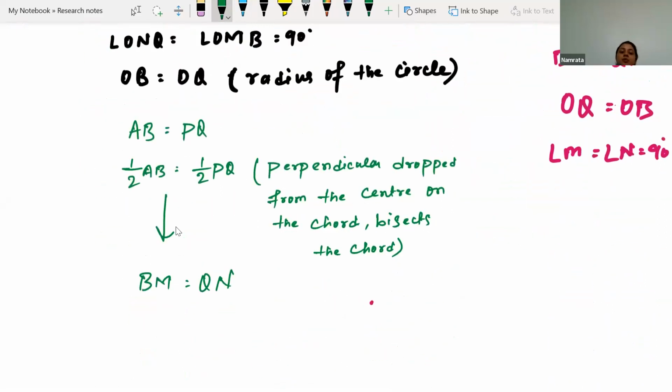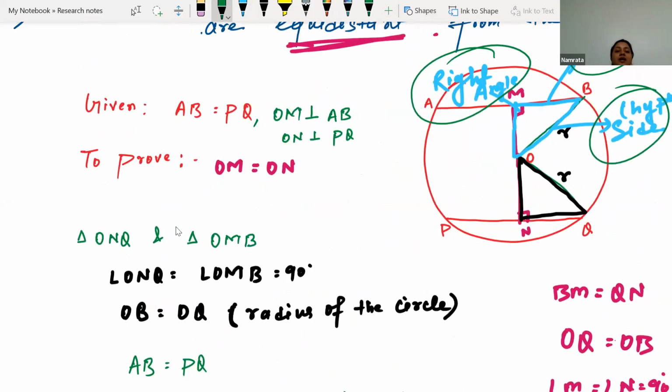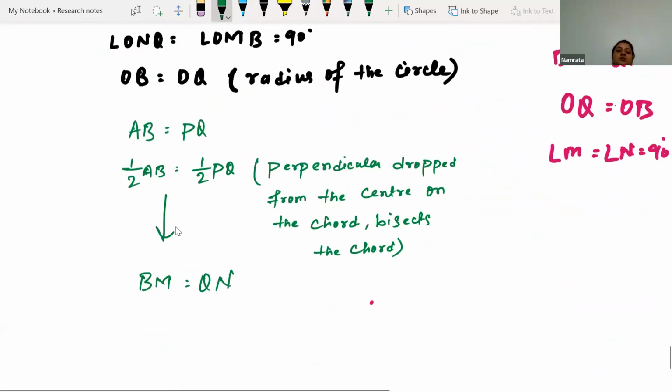We can say that both the triangles, the sky triangle and this black triangle, are congruent with each other by the RHS congruency rule. If you are not understanding this part, that means you have not done the chapter on triangles. If you have done it, then this will be pretty clear to you.